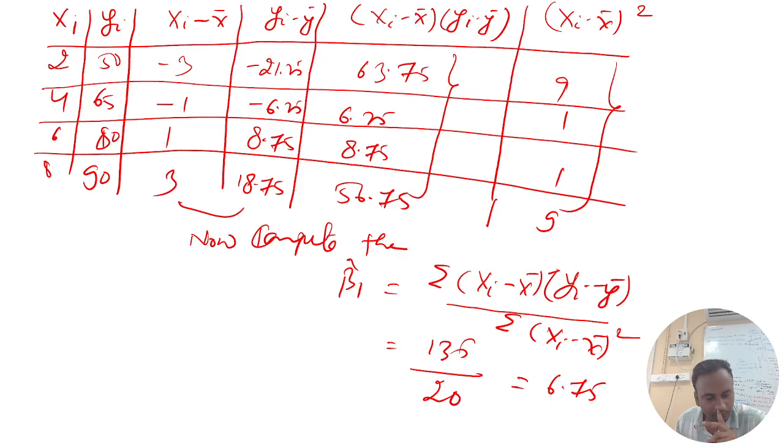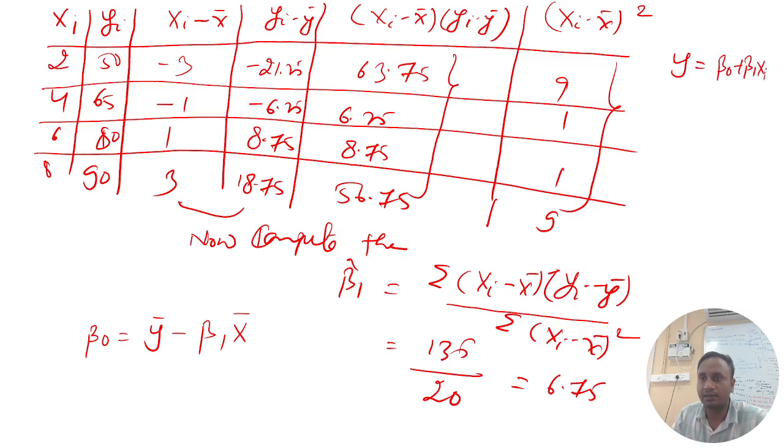So now we'll calculate beta naught. What is the formula? Y bar minus beta 1 into x bar. In y equals beta naught plus beta 1 xi, we take the average, so the constants stay the same and xi becomes x bar.